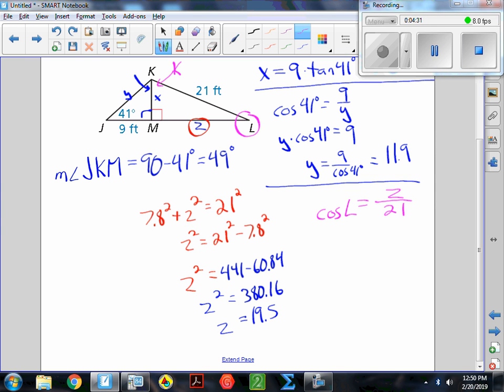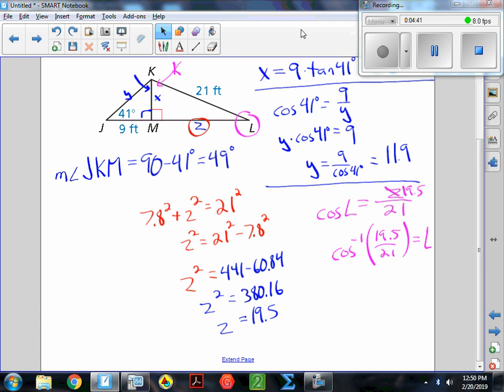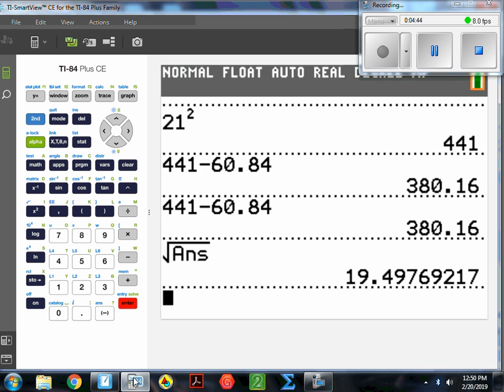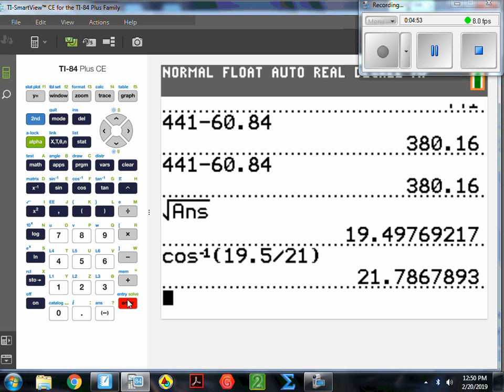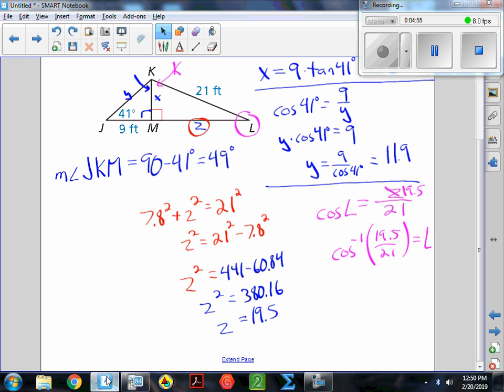Z was 19.5. So I'm going to do inverse cosine, 19.5 over 21, and that's going to equal L. Inverse cosine, 19.5 over 21. I get 21.8 degrees.